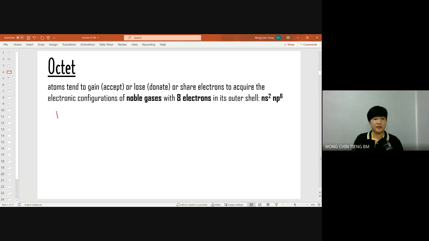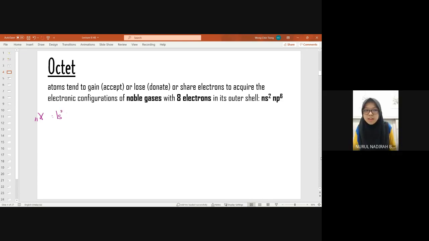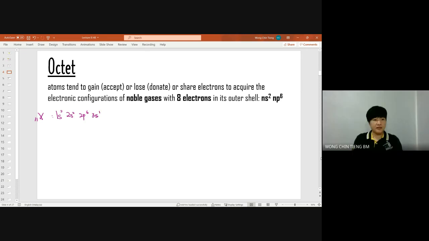Very simple over here. If I'm having my X11, my SPDF notation. Nadira? 1s2, 2s2, 2p6, 3s1. Alright, Nadira, what ion would X be?